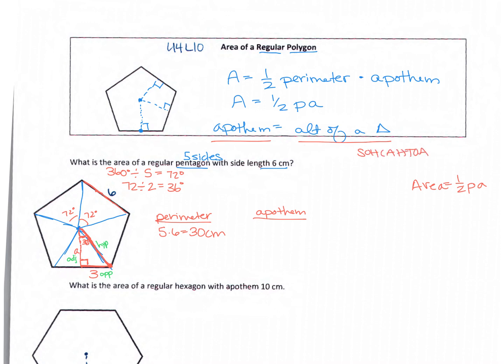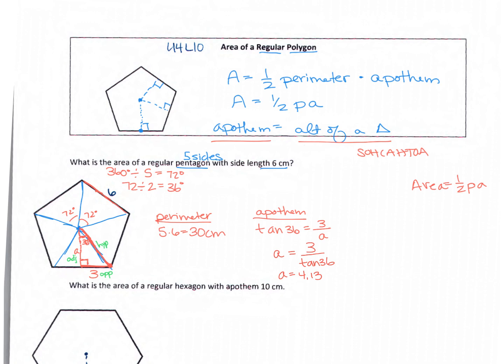I have opposite and adjacent, so I'm going to use tangent of 36 degrees equals opposite 3 over my adjacent apothem. So my variable's in the denominator. Let's multiply both sides by it to get it up and out of the denominator. Then I'm going to have to divide by my trig function, and I get my apothem is equal to 3 divided by tangent 36. I put that into my calculator, and I get approximately 4.13.